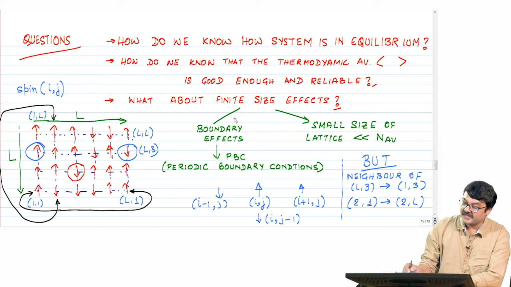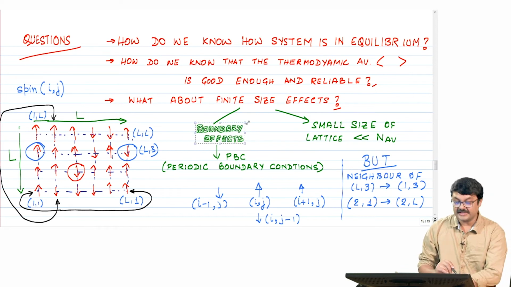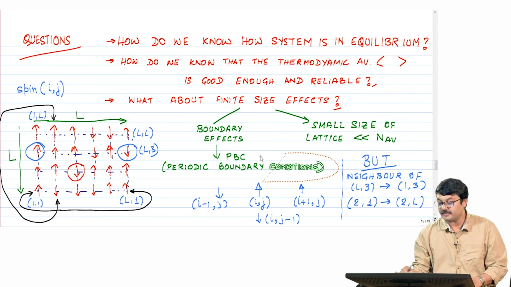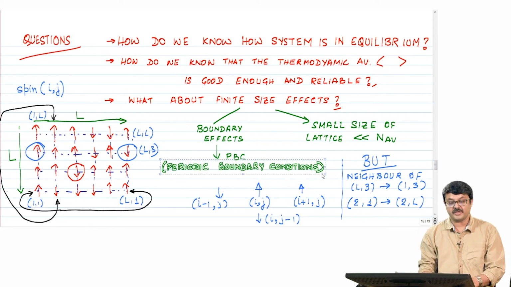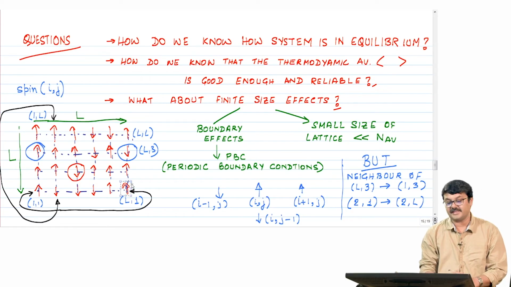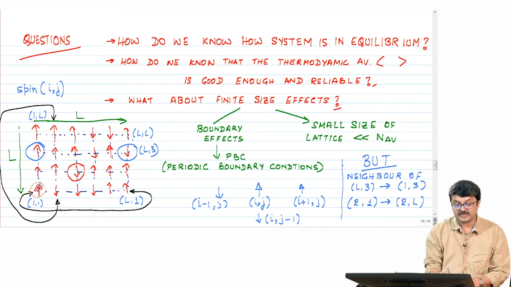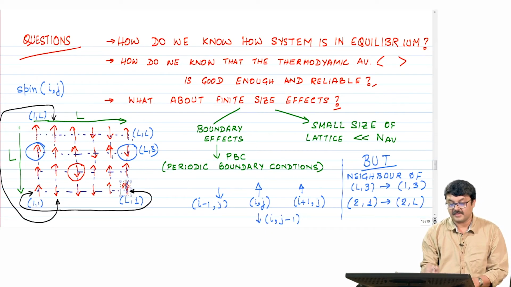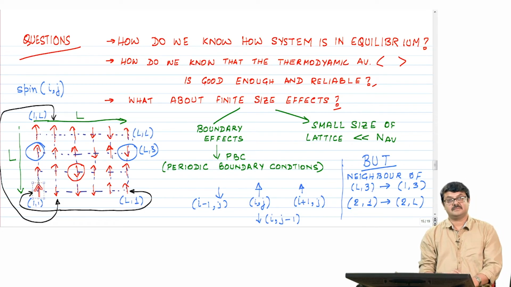The way we get rid of boundary effects in simulations is that we use periodic boundary conditions. What are periodic boundary conditions? You essentially say that this atom has one neighbor which is this one. So the neighbor of this atom is this and this, right.